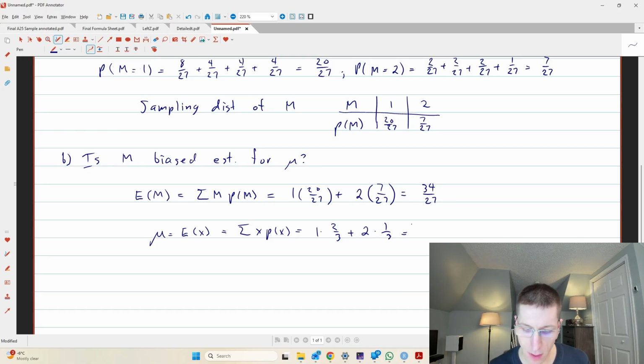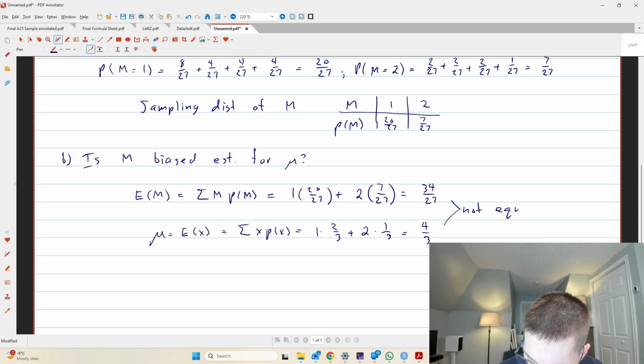Again, that comes from the table in the question, and that works out to 4/3. And these are not equal. So therefore, M is a biased estimator for the mean.